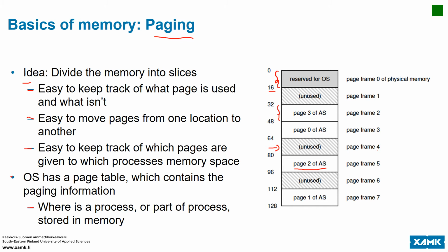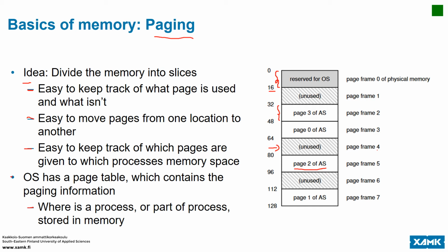The idea of splitting memory into slots is actually called paging. So one slot is what is called one page or one page frame. The idea behind this division is that we simply divide memory into slices, and then it's easy for the operating system to keep track of what page or page frame is used and what isn't. And the idea here is that each page is the same in size.